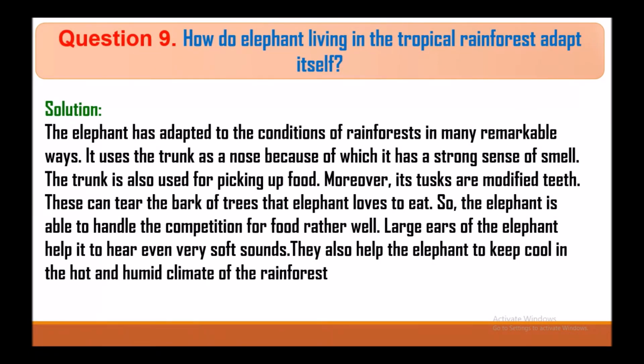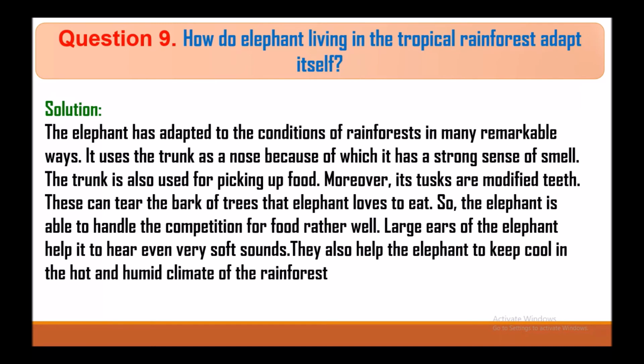Next question, question 9. How do elephants living in the tropical rainforest adapt themselves? So the elephant has adapted to the conditions of the rainforest in many remarkable ways. It uses the trunk as a nose, because of which it has a strong sense of smell. The trunk is also used for picking up food.